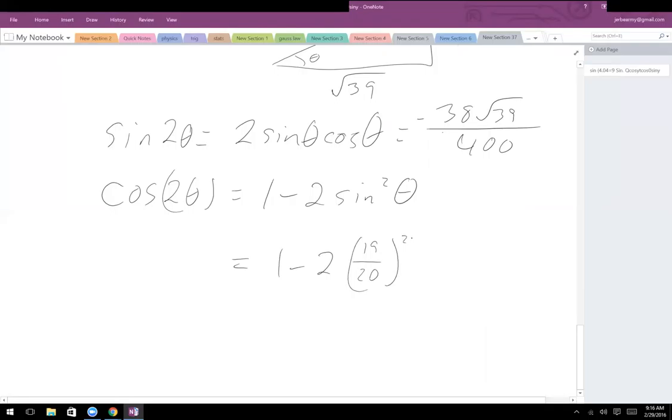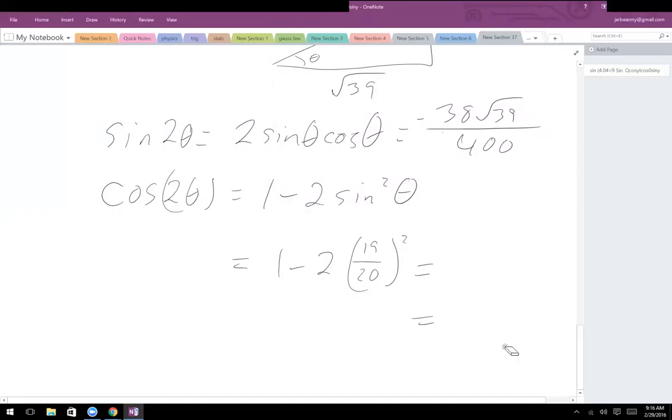That's 361 times 2 is 722. 800 minus 722 is 78. I think, which would be 39 over 400. Oh, wait, no. I'm being ridiculous.